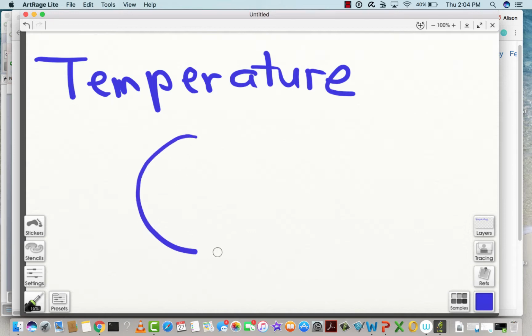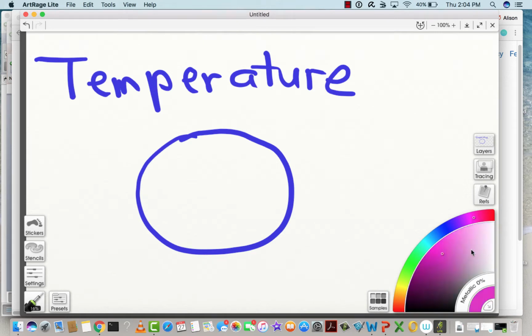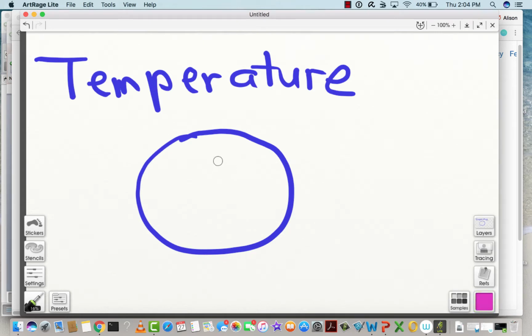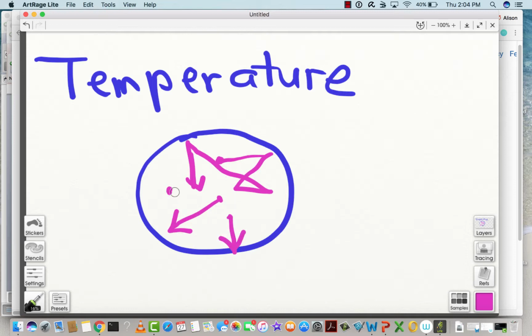So let's think about our air parcel, and let's think about our molecules buzzing around inside. And that's exactly what they're doing. They're not stationary. They're buzzing around in random directions, colliding with each other, bumping into the walls. I could do this forever, quite obviously.